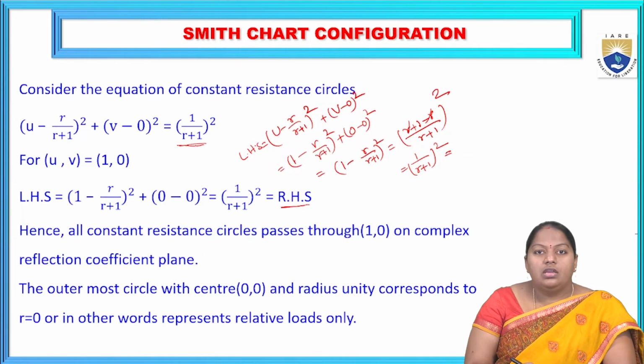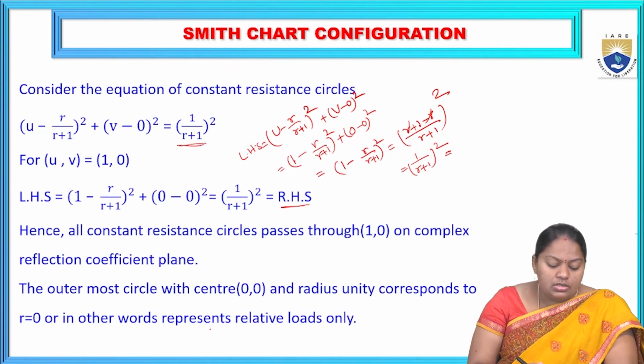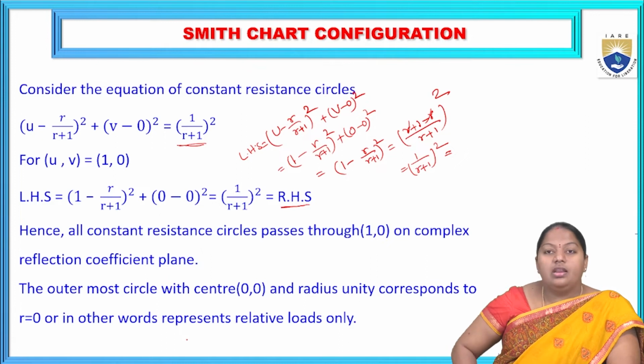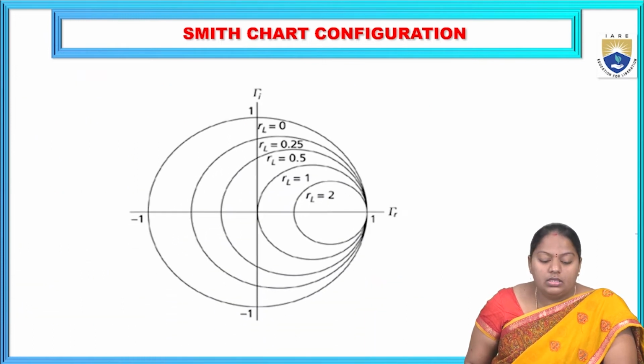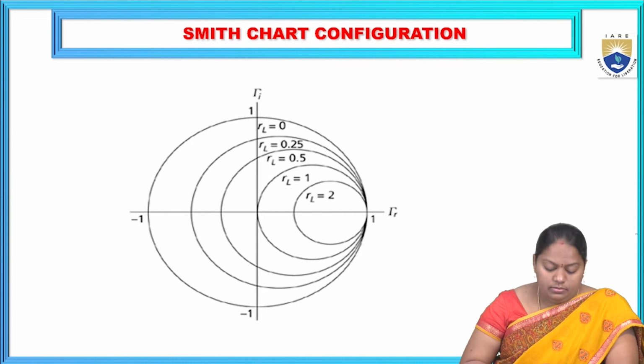Now, this outermost circle with center (0, 0) and radius unity corresponds to r equal to 0. Or in other words, it represents relative loads positive on the u-axis only. Then here are the constant resistance circles.